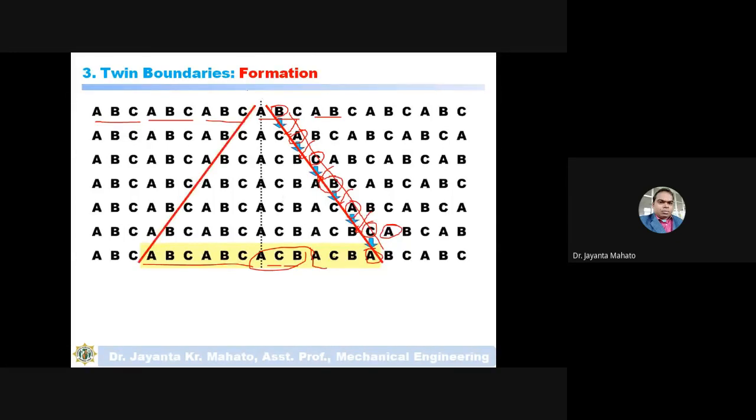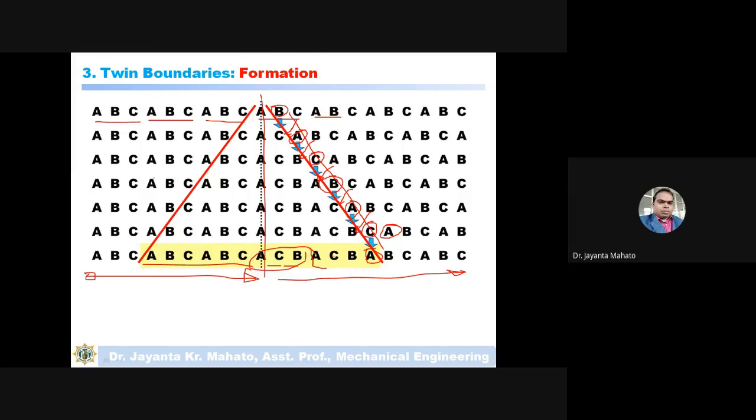Just if you place a mirror here, after removing this plane, you can get the mirror of this plane. But on this side, you do not remove anything in the atomic arrangement; you have removed only on this side. But you get the mirror image.